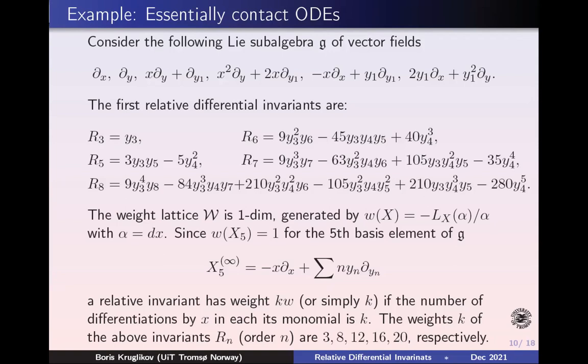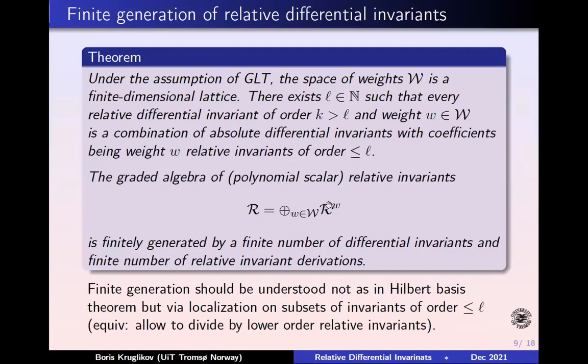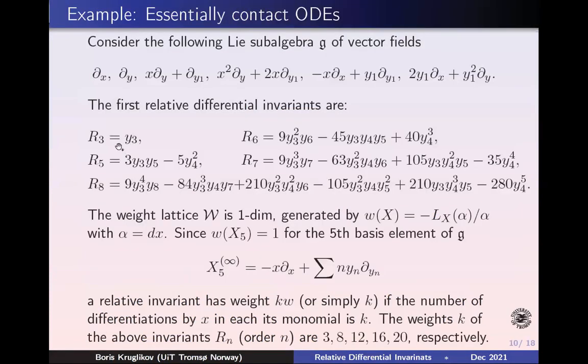Previously, in R^W, the superscript was the weight. The index below will be the order of the invariant. So the first relative invariant arises in order 3. It's just y3, the triple derivative. Then more complicated invariants in order 5, and then order 6, 7, 8, and so forth. So we'll get one new relative invariant in each order.